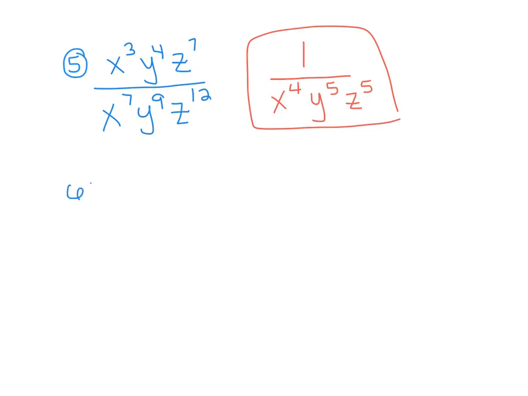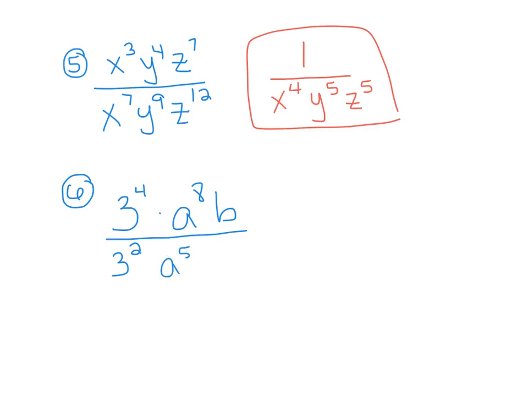All right, so now let's throw a number into the mix. So let's look at this one. 3 to the 4th times a to the 8th times b over 3 to the 2nd, a to the 5th, b to the 10th.